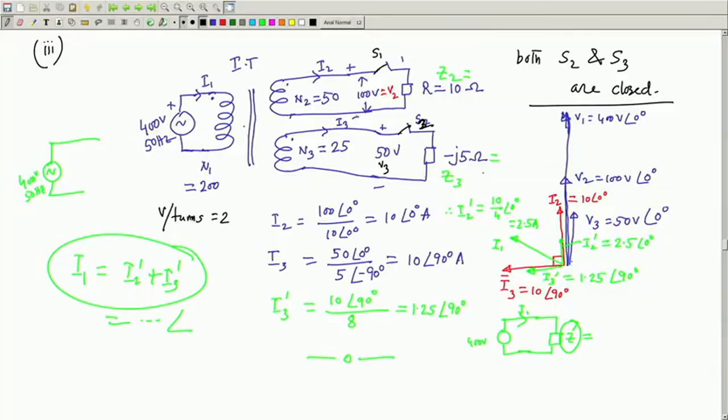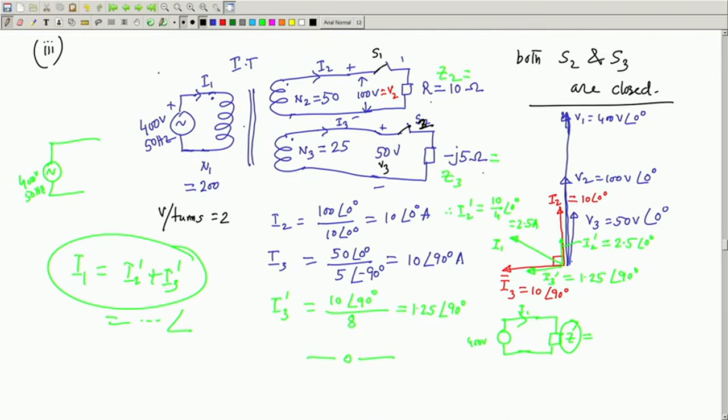If you know V 2, then you can calculate I 2, impedance is known, it can be positioned. Similarly, V 3, I 3 can be known, and each of these currents I 2 will have its reflected component I 2 dashed, I 3 will have its reflected component I 3 dashed.